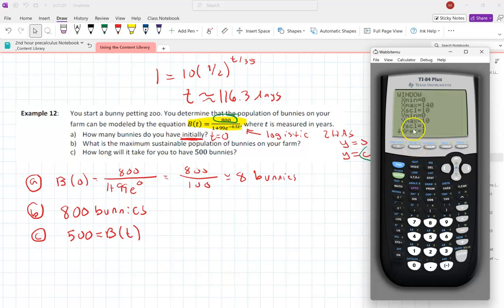I'll reset my window here. I don't really know how long this is going to take per se. So maybe I'll do like 25 years or something. Sure.